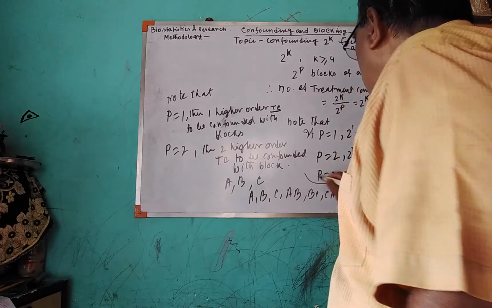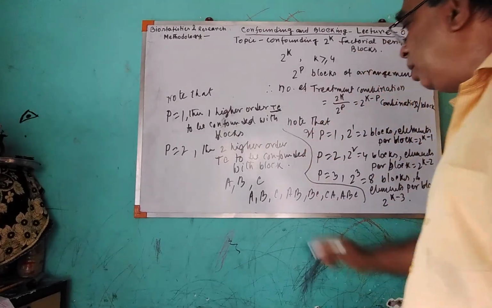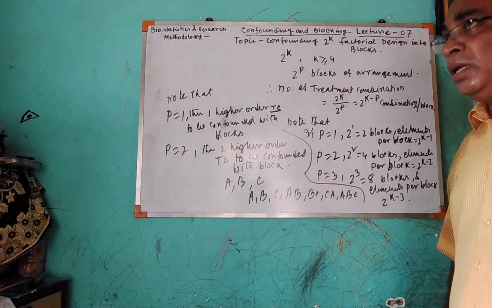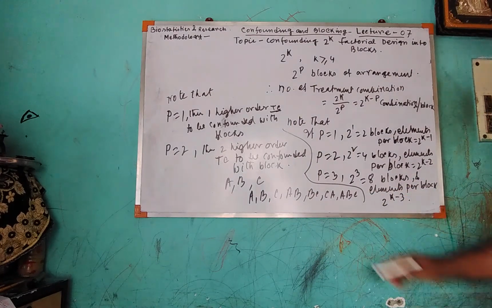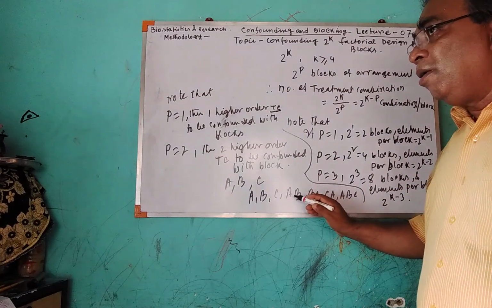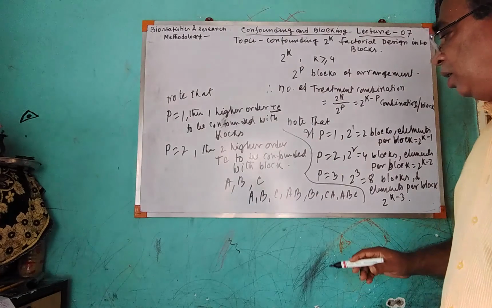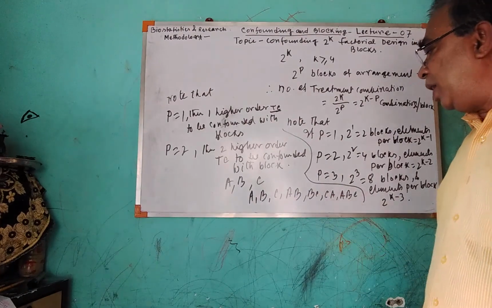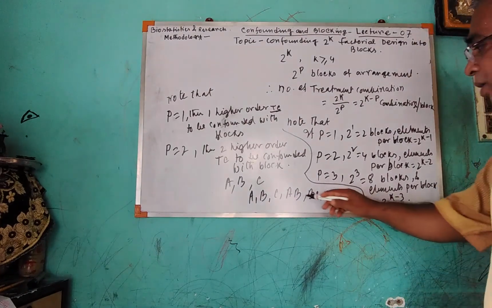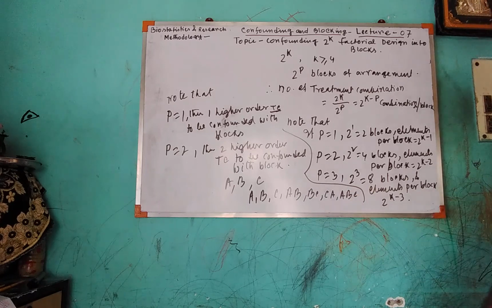These are the combinations. That is, ABC is known as second order, and AB, BC, CA are known as first order treatment combinations.